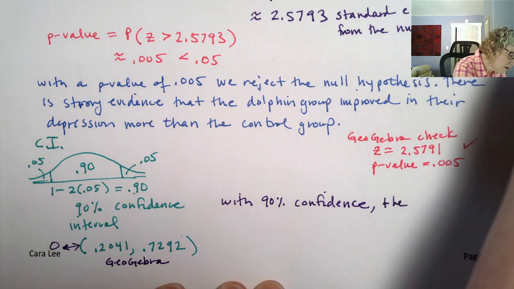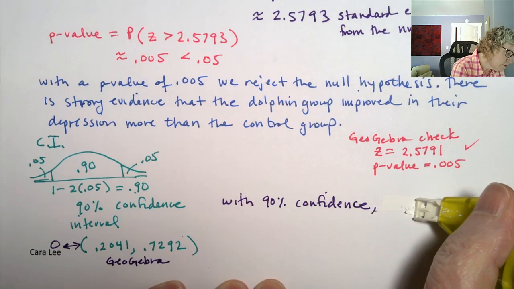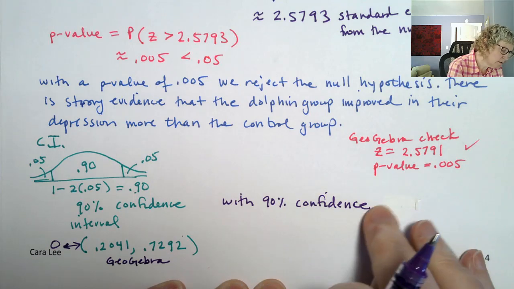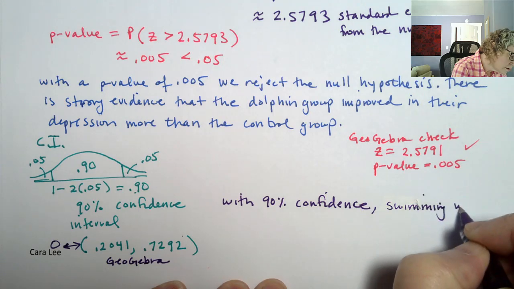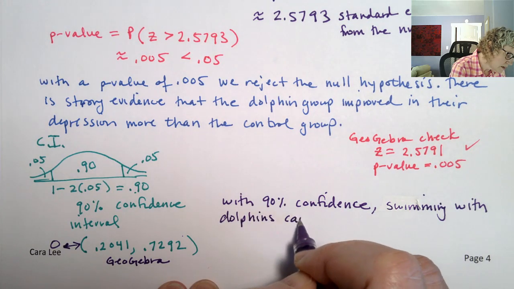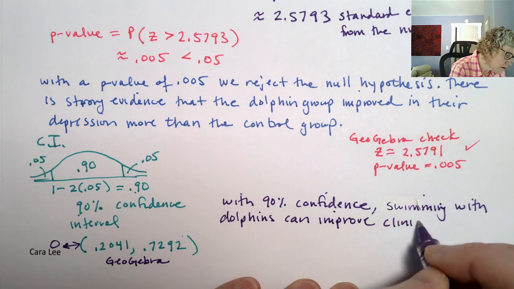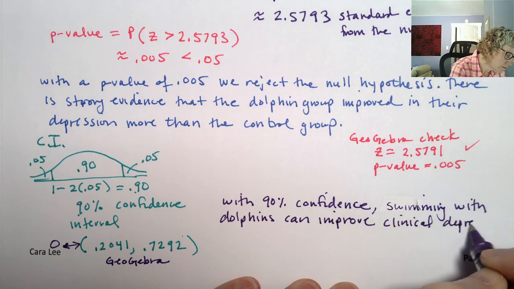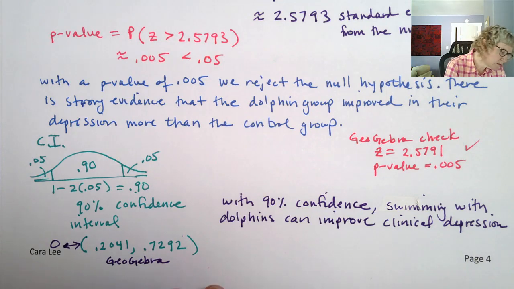With 90% confidence, I'm going to actually rephrase this just a little bit because I need to go back towards the population. Swimming with dolphins can improve clinical depression. Now we could say in a percentage of participants. I think that's what I'm going to do because we're talking about the proportion of those improved.